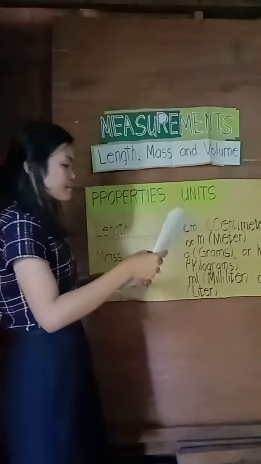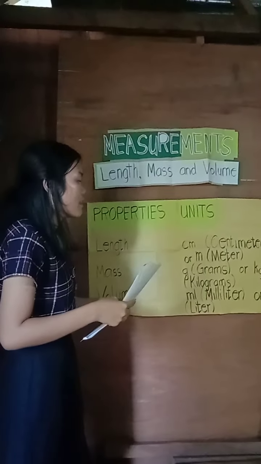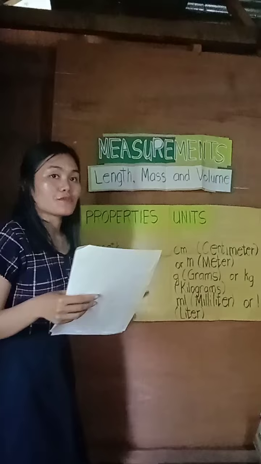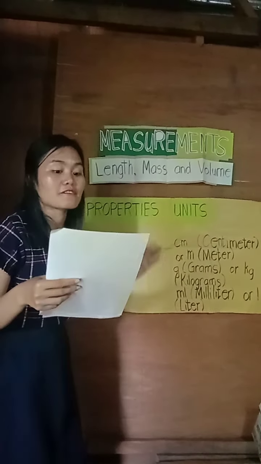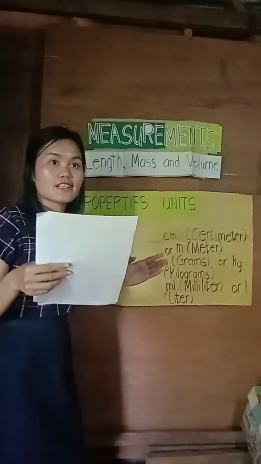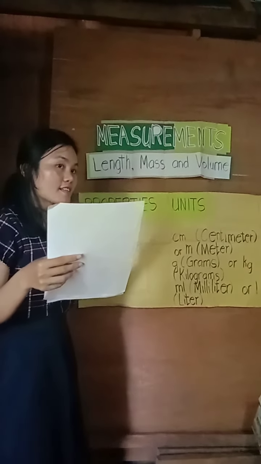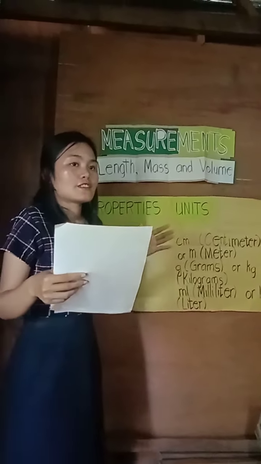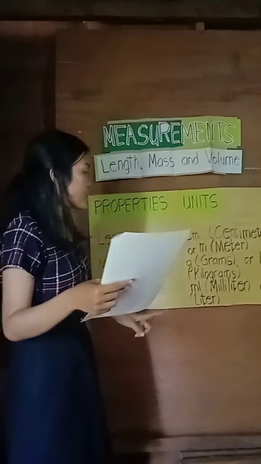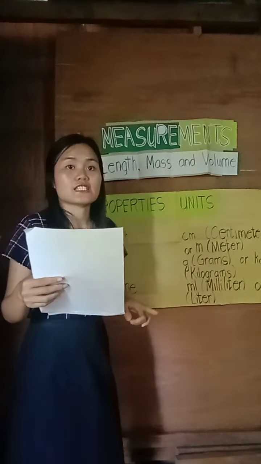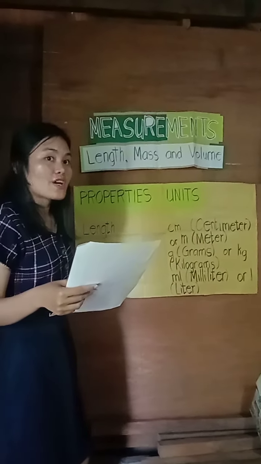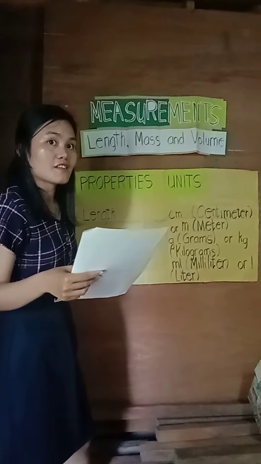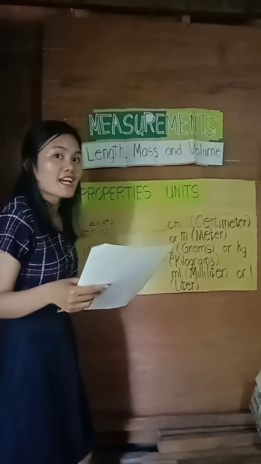Okay, that's great. And so, let's go back to the question. I ask you, what is the length of the basketball court? Since we go back to the choices, letter D says 8 liter, which is volume. So we are not measuring liquids here. It's a basketball court. Am I correct?